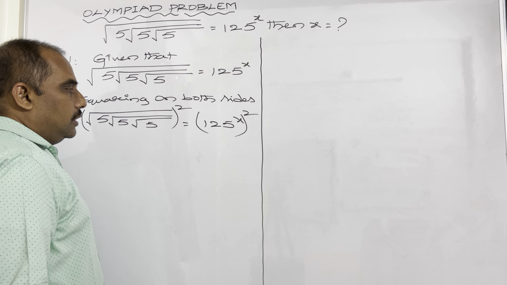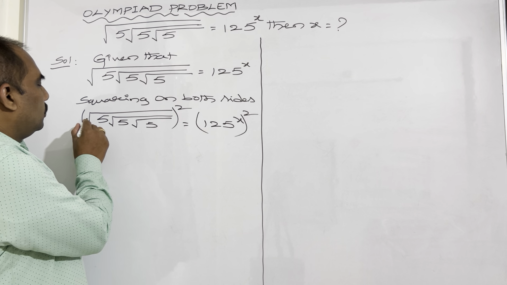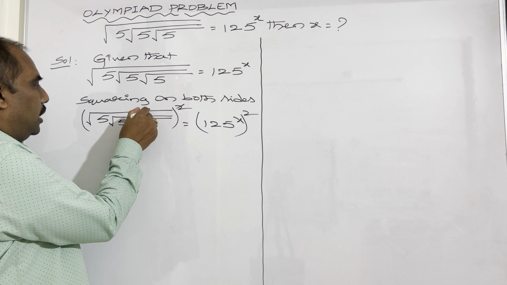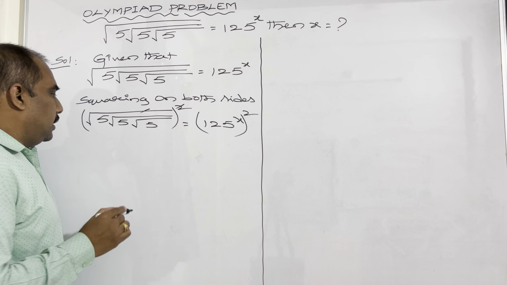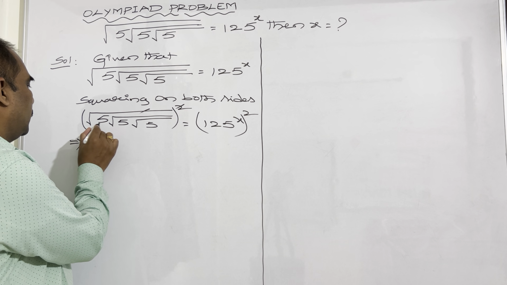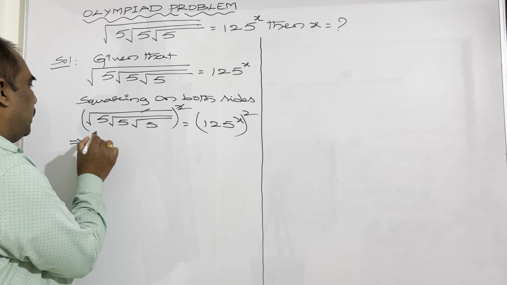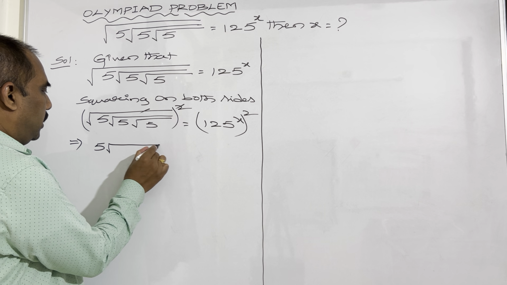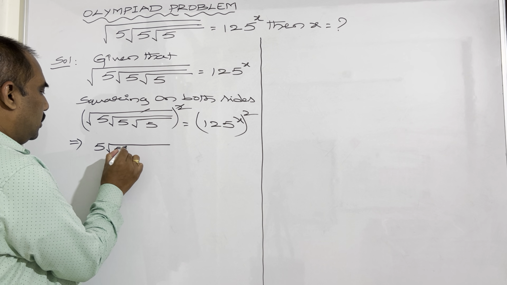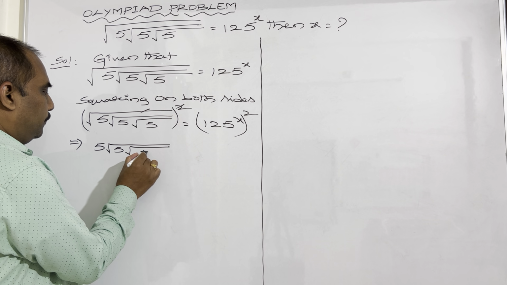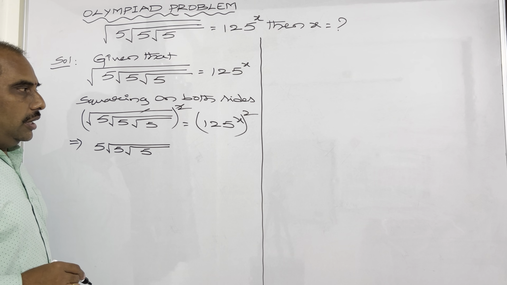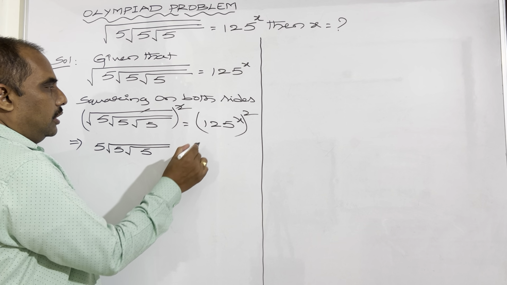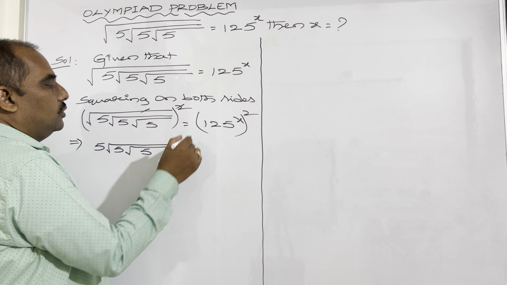See what happens here. Now this square and this root get cancelled. Now this implies we get 5 into root over 5 into root over 5 is equal to, here this is like a to the power of m.